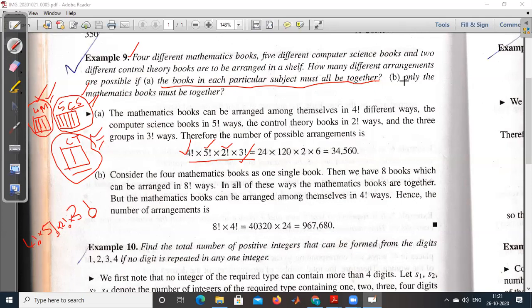Okay. Next, students. B. Only the math books must be together. Okay. Only the math books must be together.